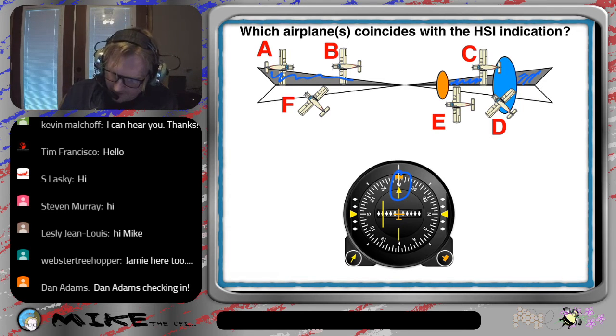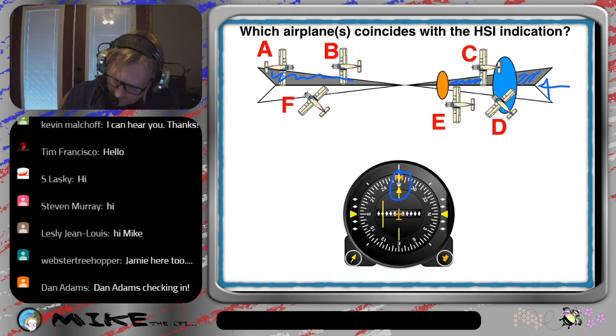So again, the trick to these is to rotate the display until north is facing up, and what that's going to show you right away is that the course needle is off to your left.